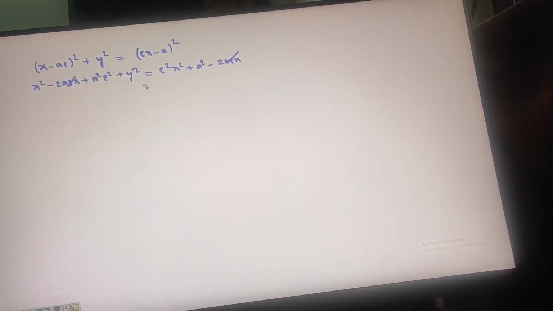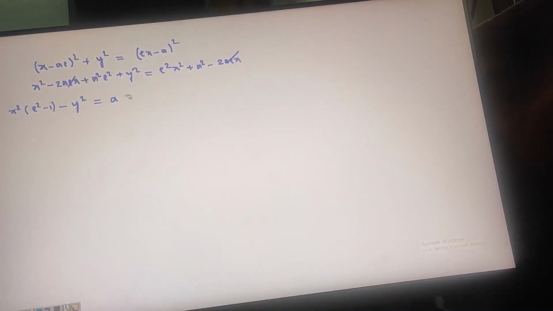e is greater than 1, that we know. So I will bring this x square to the right hand side. If I take x square common, I will get e square minus 1. Then I am taking y on the other side, y square is equal to, on the left hand side it is a square e square, and the right hand side I am bringing to the left hand side.